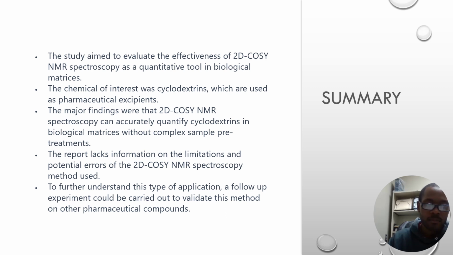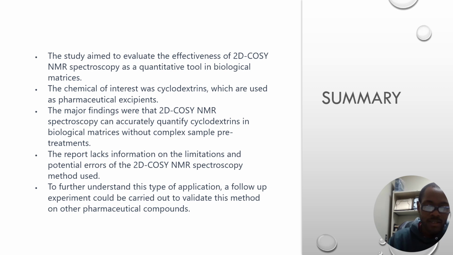The study aimed to evaluate the effectiveness of 2D NMR spectroscopy as a quantitative tool in biological matrices. The material used was cyclodextrin, which is used as a pharmaceutical excipient. The major findings were that 2D spectroscopy can accurately quantify cyclodextrin in biological matrices without complex sample pretreatments.